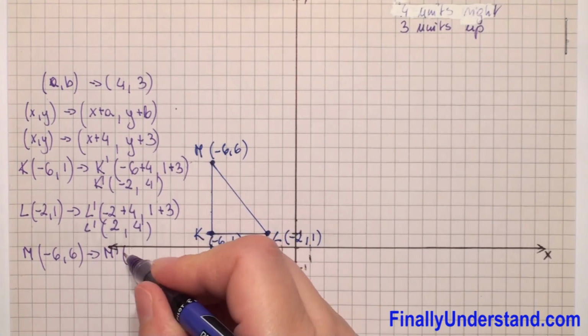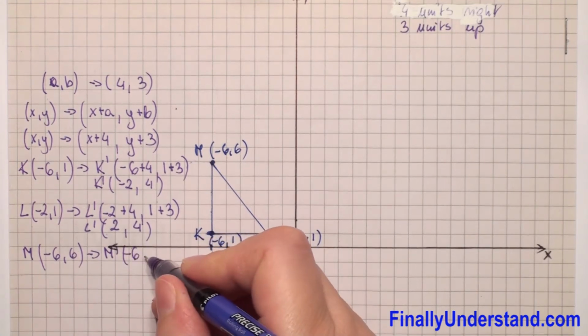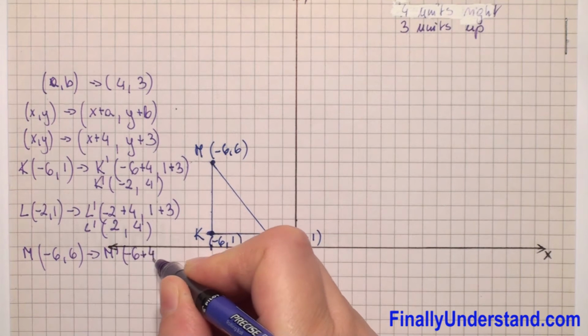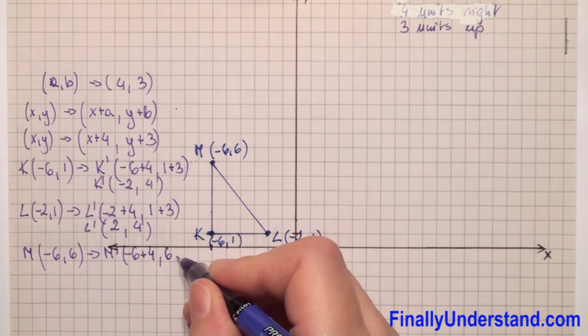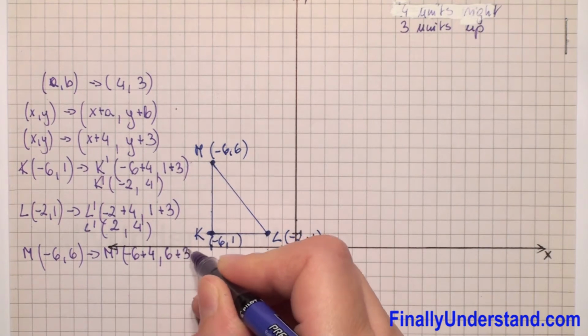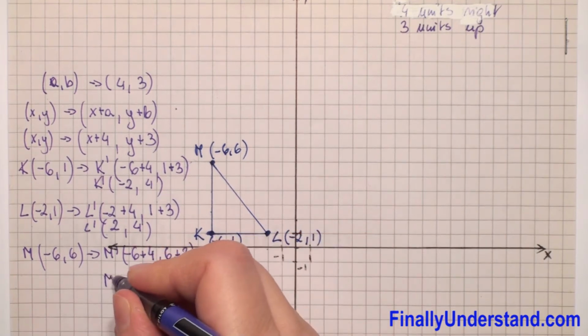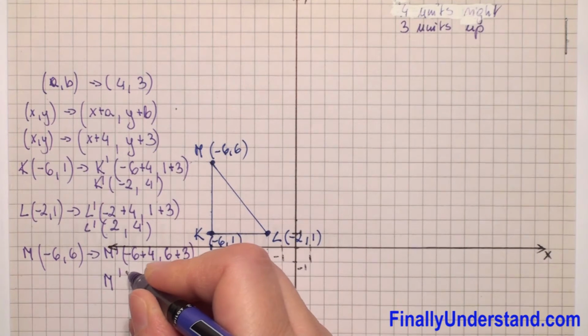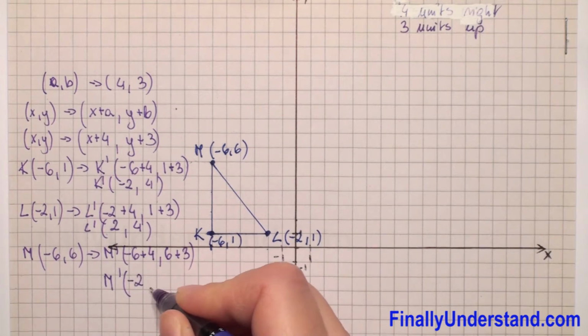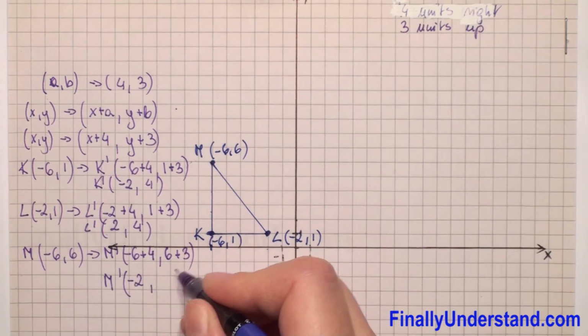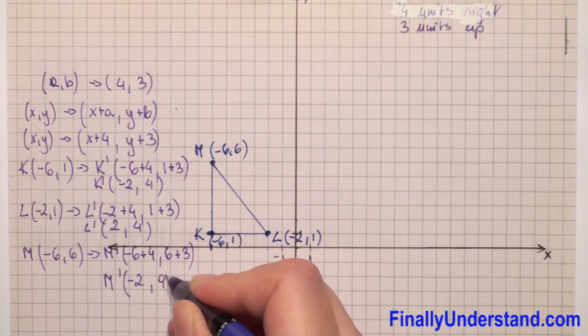The first coordinate we copy, negative 6, and we add 4. And to the second coordinate, 6 plus 3. So point M prime will have coordinates: negative 6 plus 4 is negative 2, and 6 plus 3 is 9.